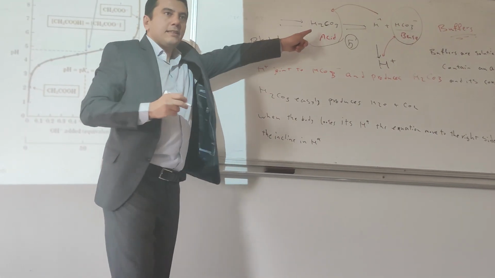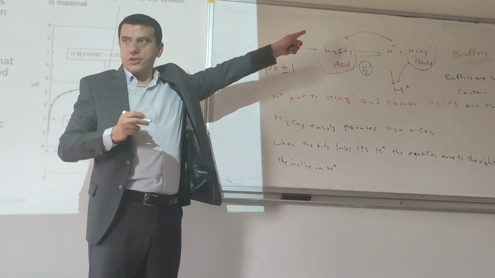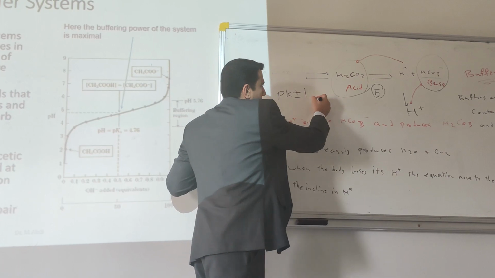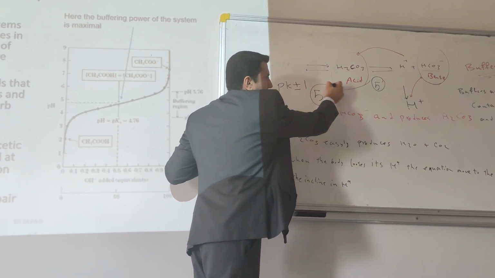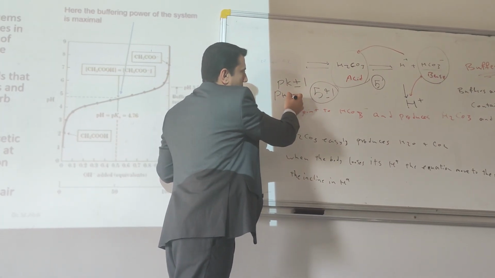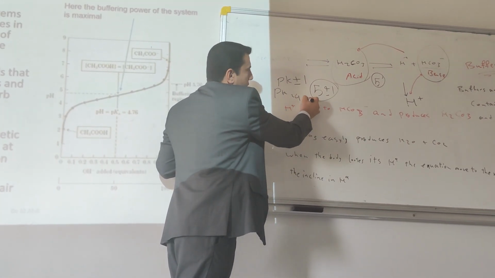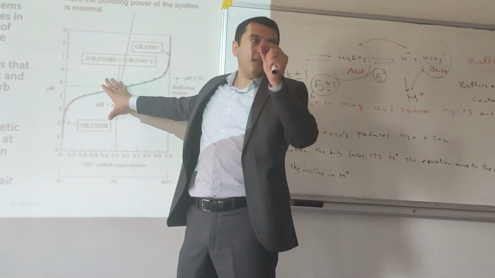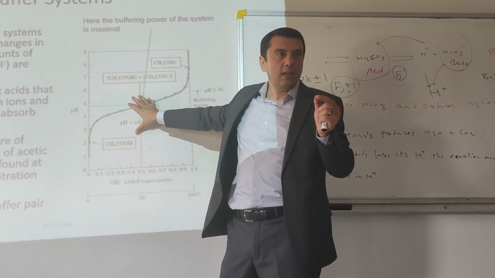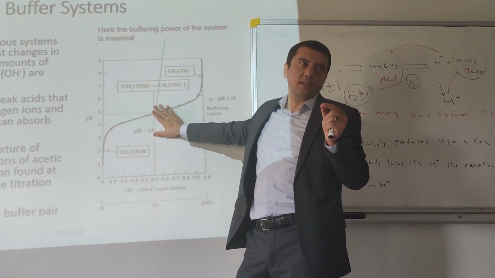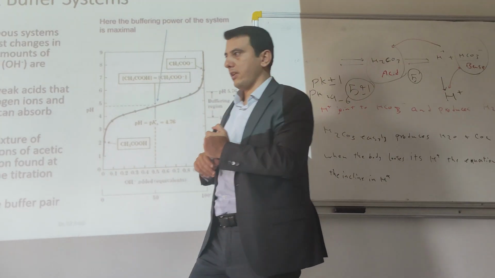So, the buffering region for this equation is about 5 plus or minus 1. It means in pH 4 to 6, we have no changes or small changes in the pH of our solution, and that is the buffering region.